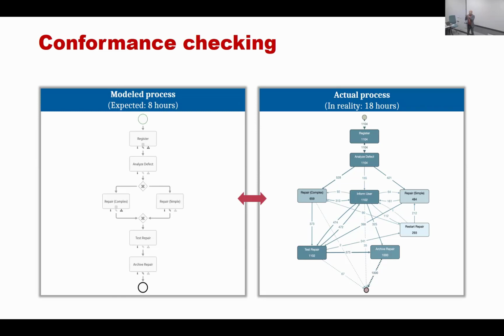And from the event log, I can calculate the actual process that is being executed. By comparing the two, I can find insights into the deviations, to what extent the reality recorded in the event log deviates with respect to the norm, the process model that captures the expected pathways in the process, or maybe the normative pathways in the process.